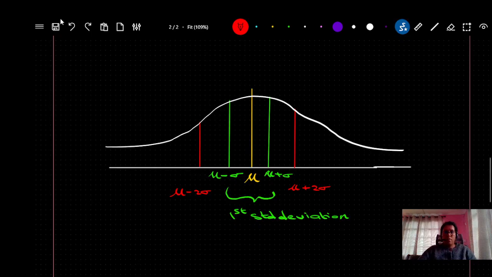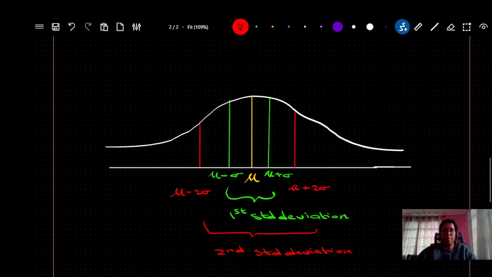This is our second standard deviation. Then, of course, we have our third standard deviation.